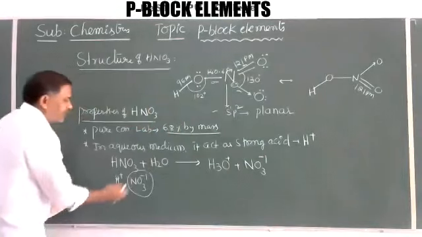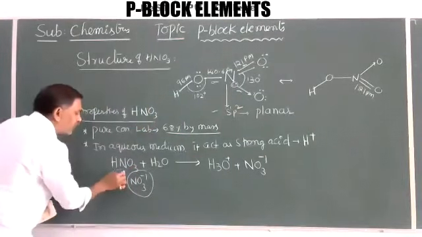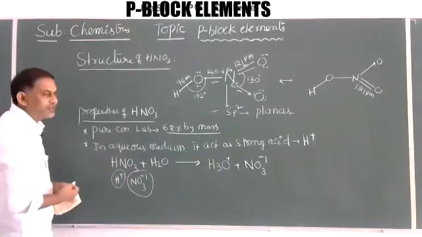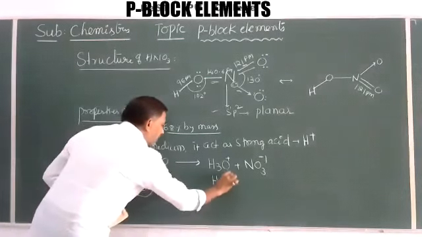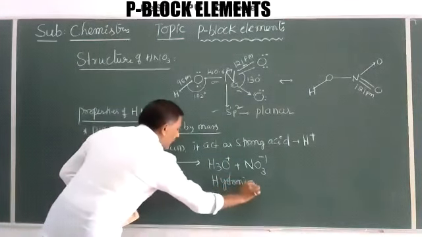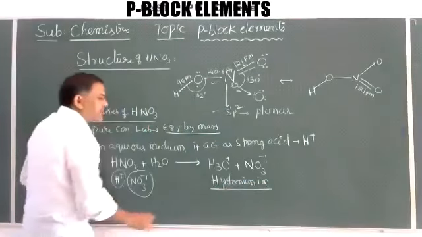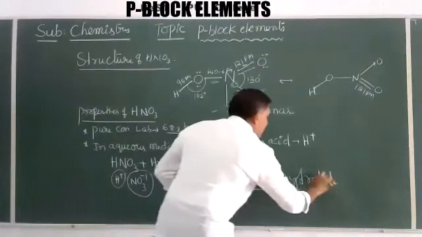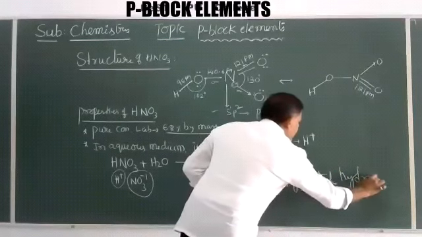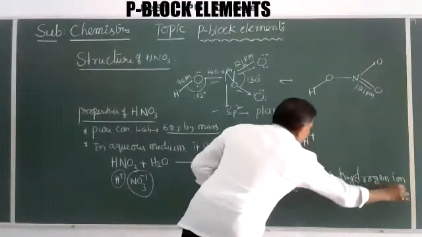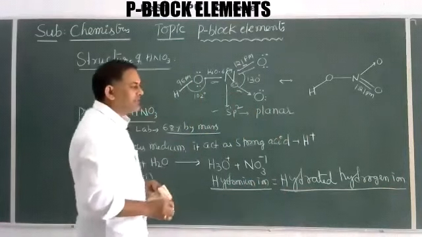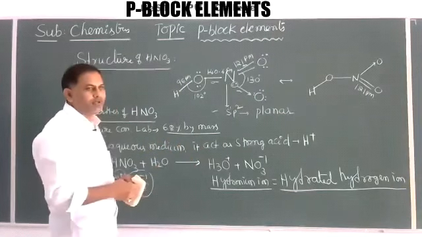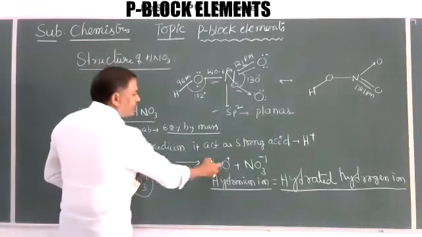When dissolved in water, it produces a proton donor, acting as a strong acid. According to proton transfer theory, this is a hydronium ion. This hydronium ion is also called a hydrated hydrogen ion. In first PUC, 11th standard, in equilibrium, based on acid-base theory and conjugate acid-base theory, we get this hydrated hydrogen ion concept, H3O plus.